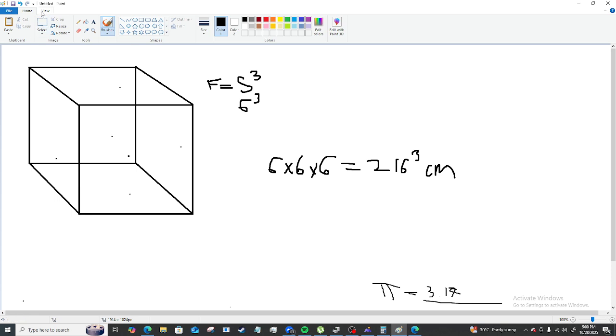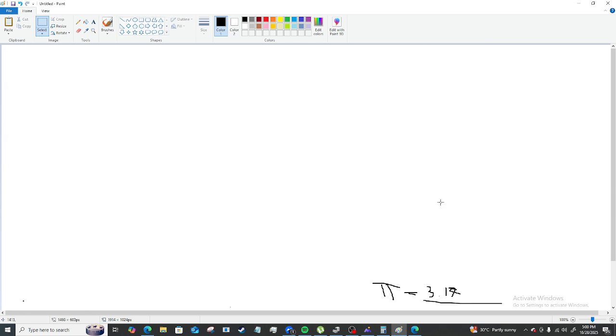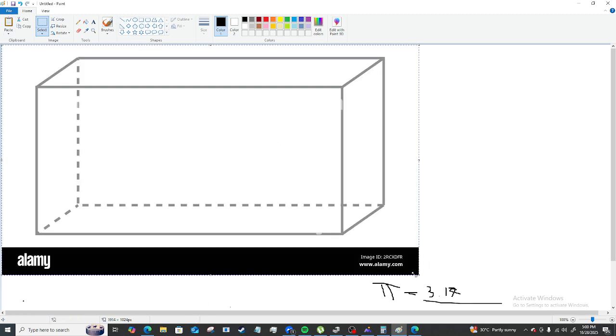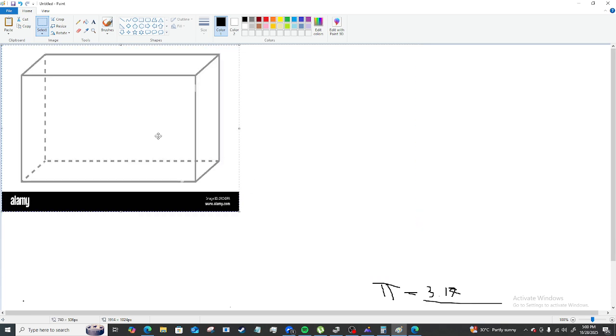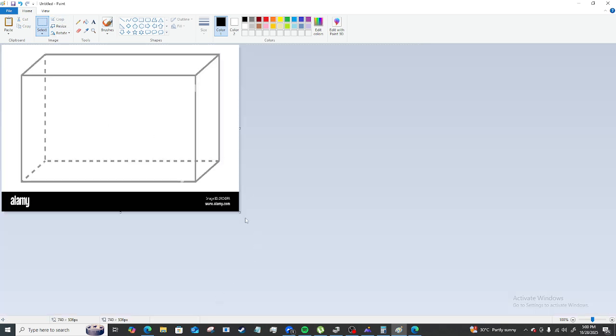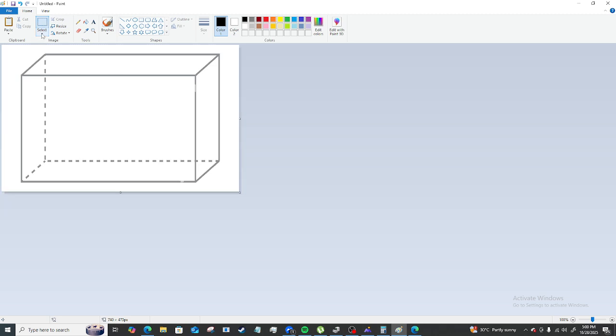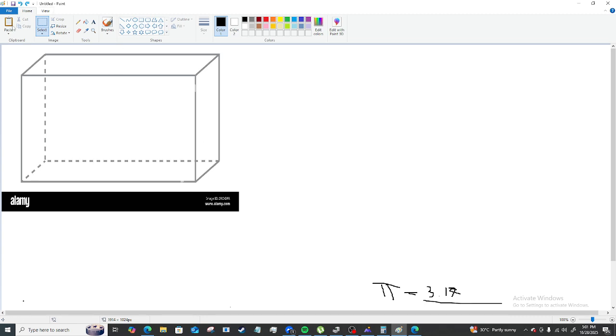Now, moving on. For the rectangular prism, let's make a rectangular prism.